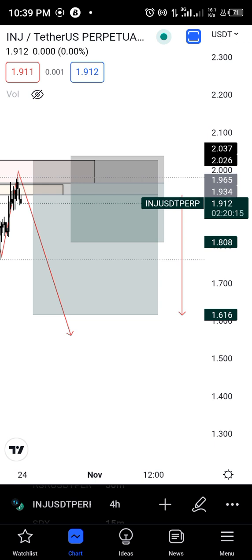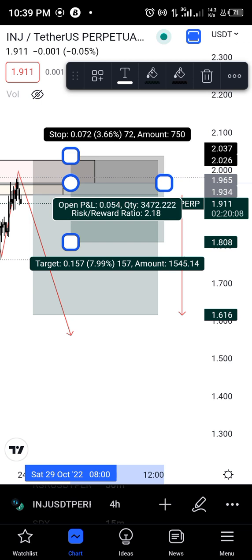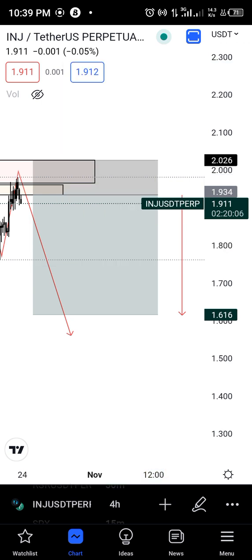Now the next thing you take into consideration is the entry, the stop loss, and the TP. Because of the color combination I'm using, my entry is always the gray price.